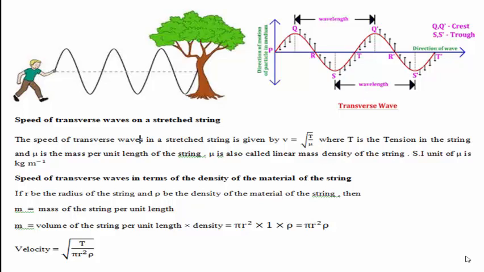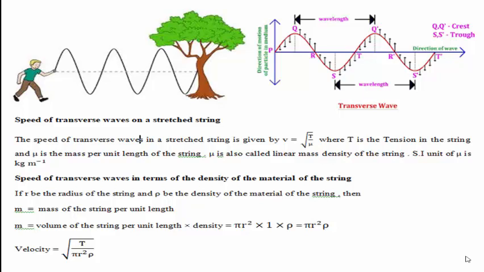So speed of transverse waves in terms of the density of the material of the string is taken as, if r be the radius of the string and rho be the density of the material of the string, then mu is equal to mass of the string per unit length. So you have to calculate mass of the string per unit length.